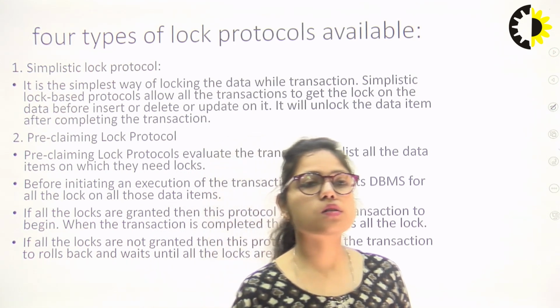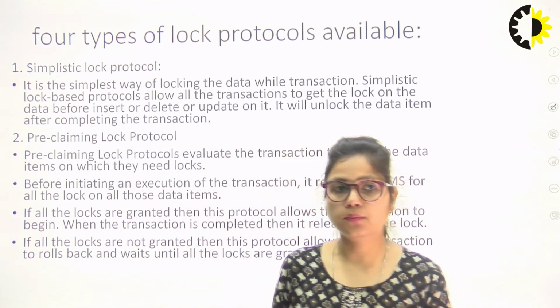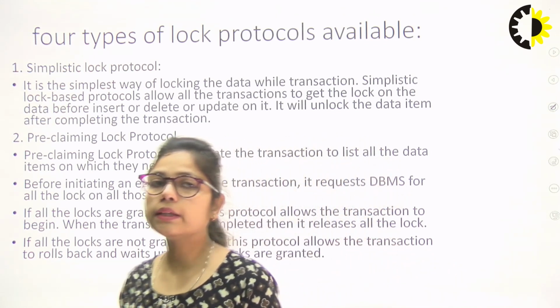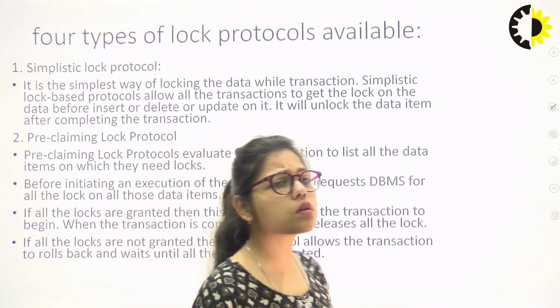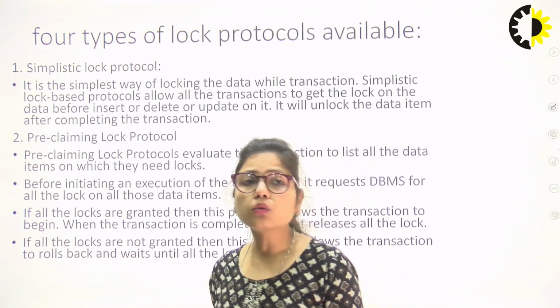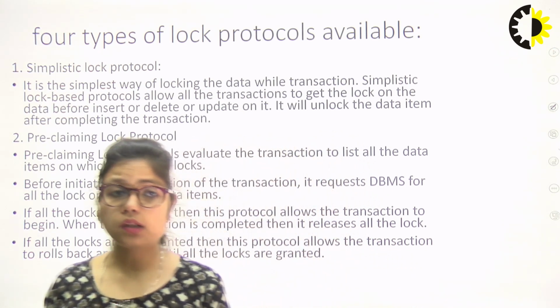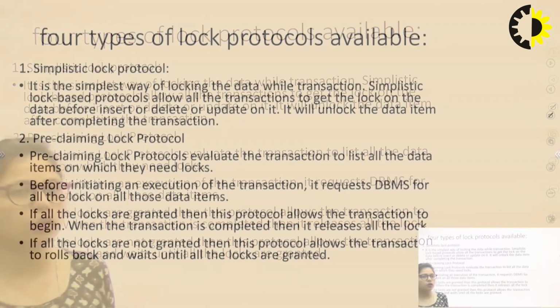If all the locks are granted, then this protocol allows the transaction to begin. When the transaction is completed, it releases all the locks. If all the locks are not granted, then the transaction rolls back and waits until all the locks are granted. This is called the pre-claiming lock protocol.